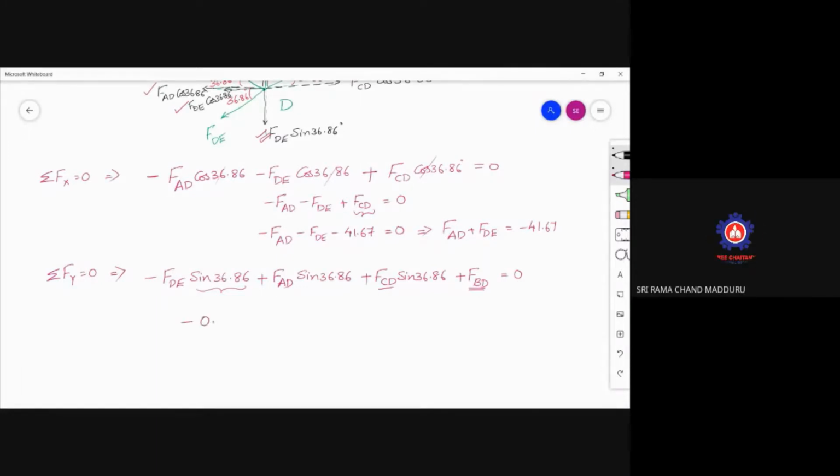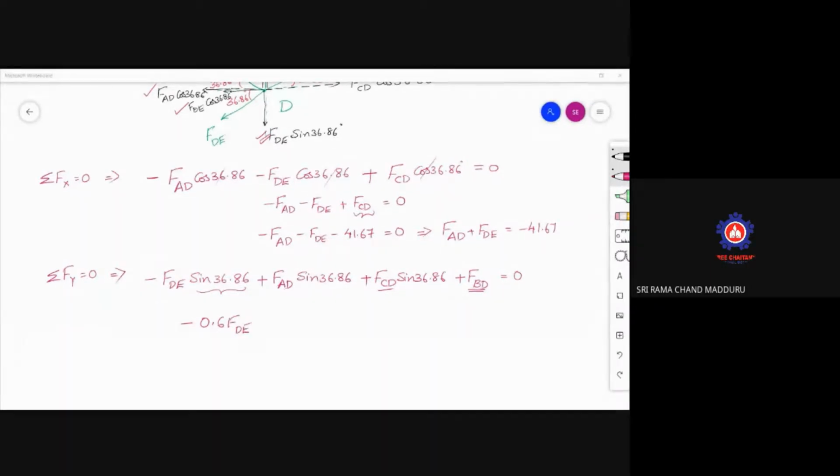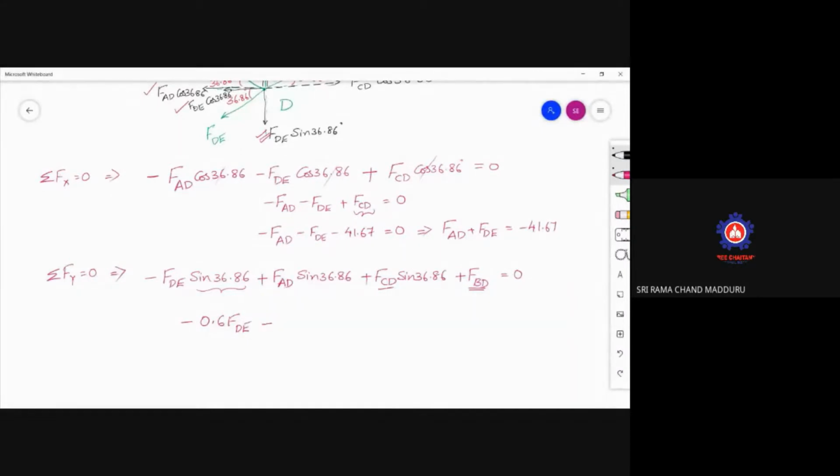Okay. So minus 0.6 into FDE plus 0.6 into FAD plus FCD, which is minus 41.67, into 0.6, plus FBD. Can anyone of you tell me what is the value of FBD? Now simplify this and tell me the equation.